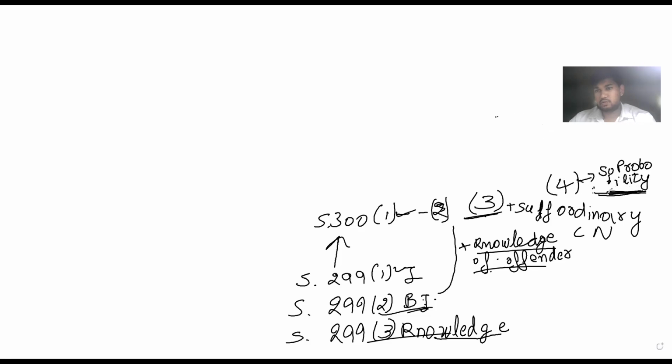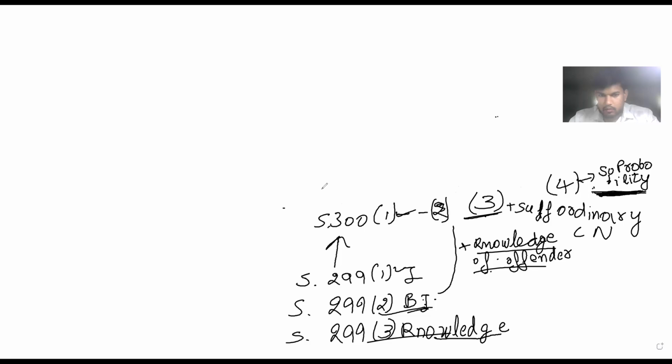That is, the act is so imminently dangerous that it will cause such bodily injury as in all probabilities is likely to cause death. That's the language of the Act, right? Bodily injury cause death, or such bodily injury as is likely to cause death. Okay.